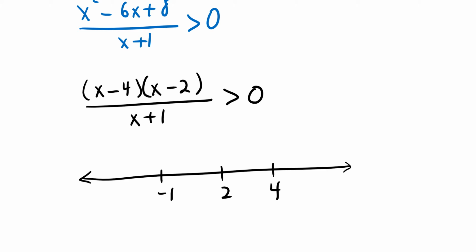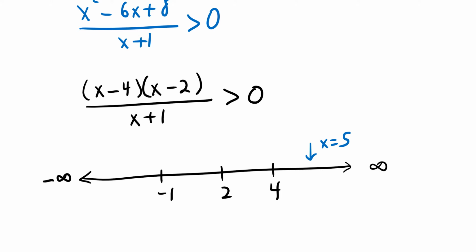And now we run some testing values. Before we do the testing values on any number line, keep in mind there's always negative infinity on one side and positive infinity on that side. So if I'm going to run x equals 5, what do we get?